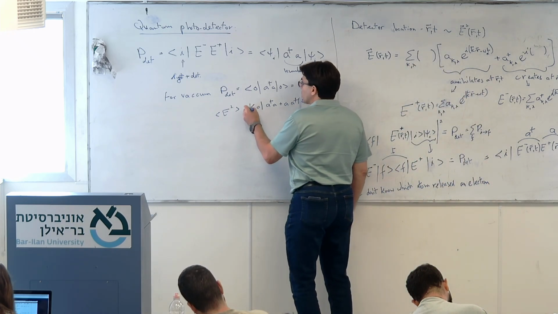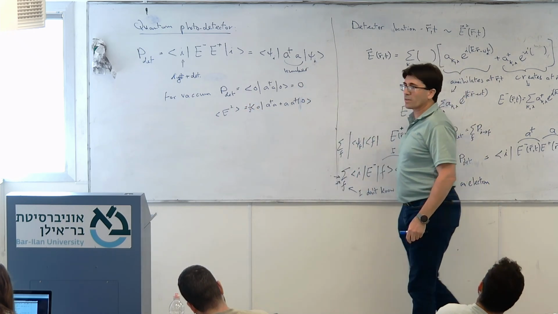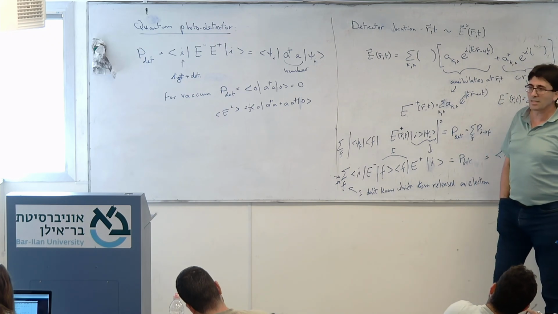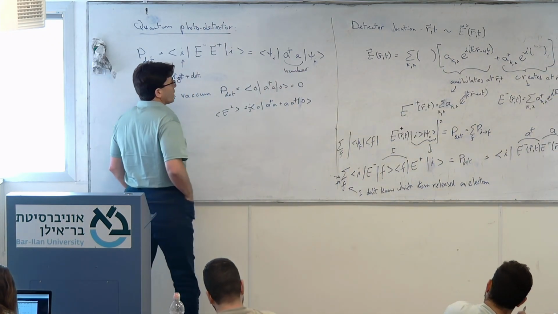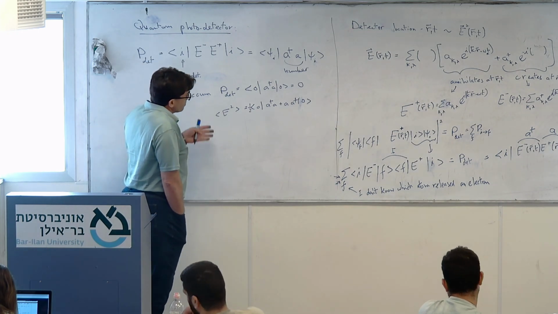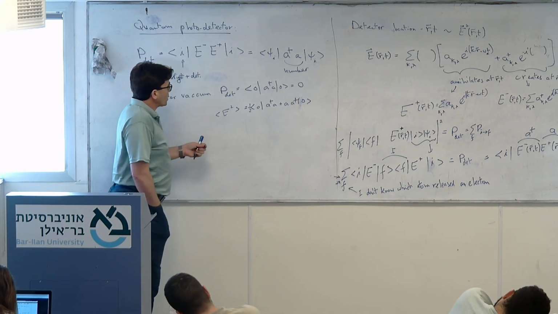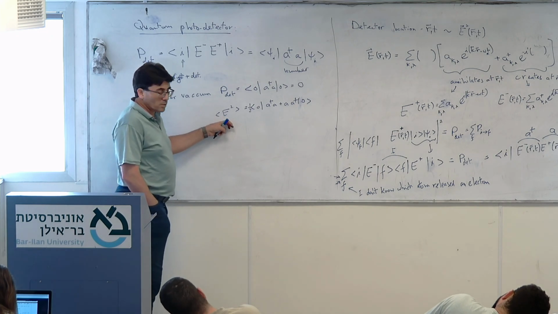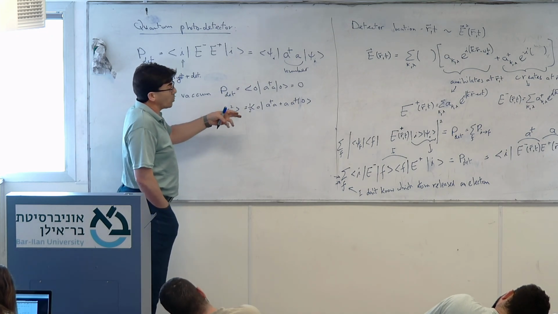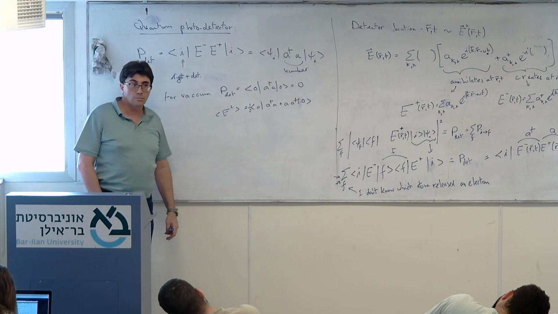If you want, put here a half, just to make things look the same. But the field fluctuations and the detection probability, they're close, but they're not equal.